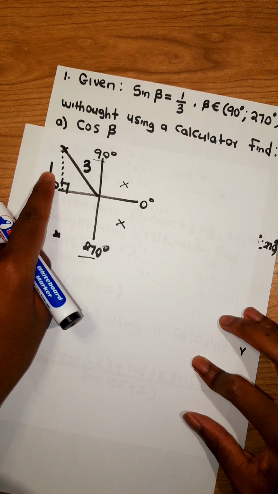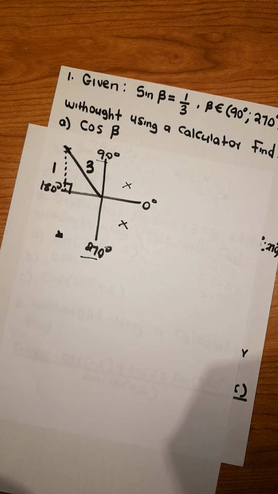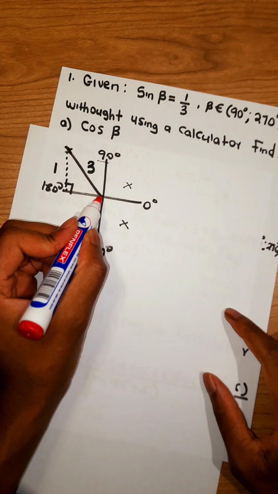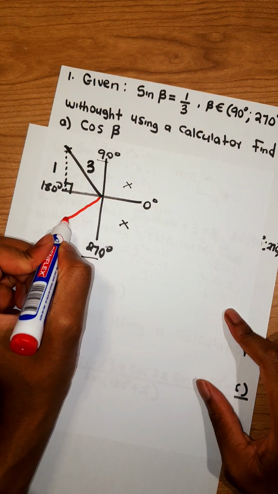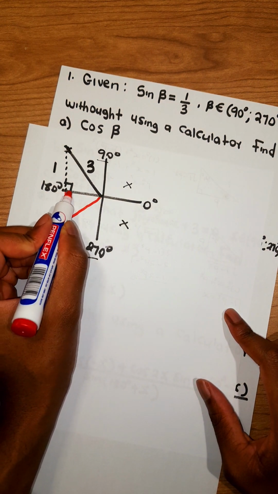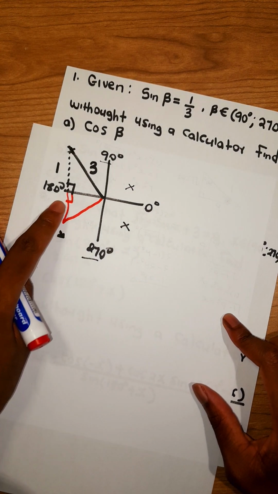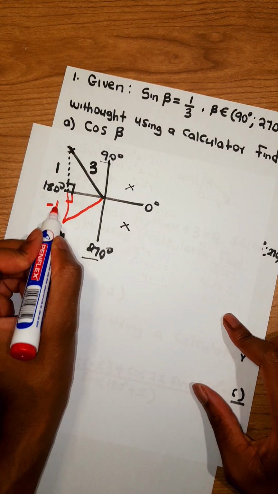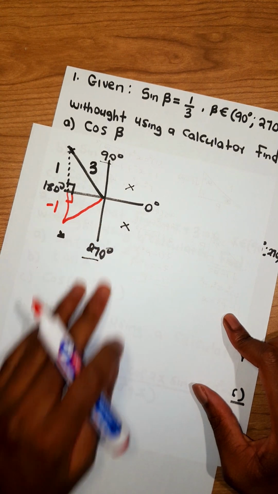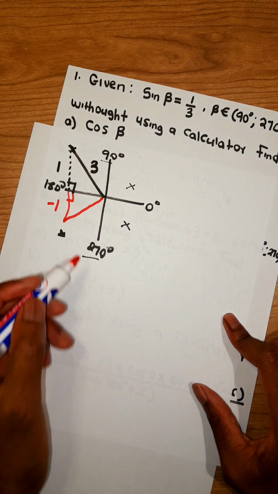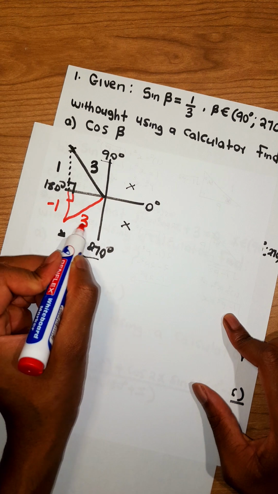But let's say you made a mistake. Let's say you drew this structure on this other quadrant. What would happen? The opposite will become -1 because everything downwards is a minus. There's going to be a hypotenuse of 3.